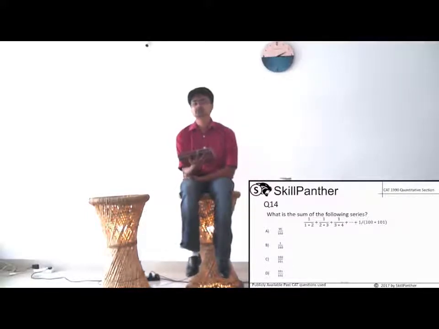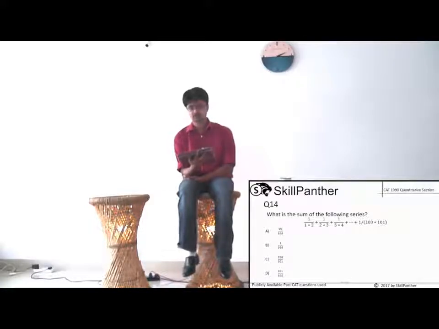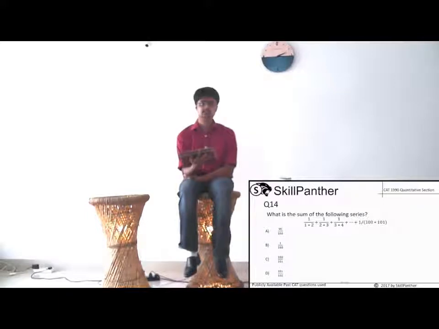There is a number associated to the order of terms. The first term is 1 by n into n plus 1, and the second term is that too, where n is the nth term number. So any term in the series is equal to 1 by n into n plus 1, where n is varying, and n is here given 1 to 100.